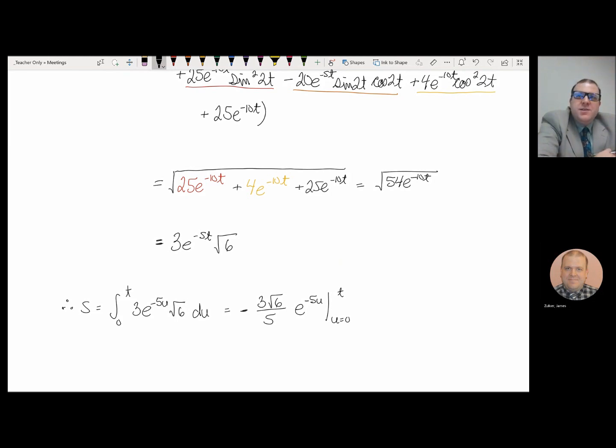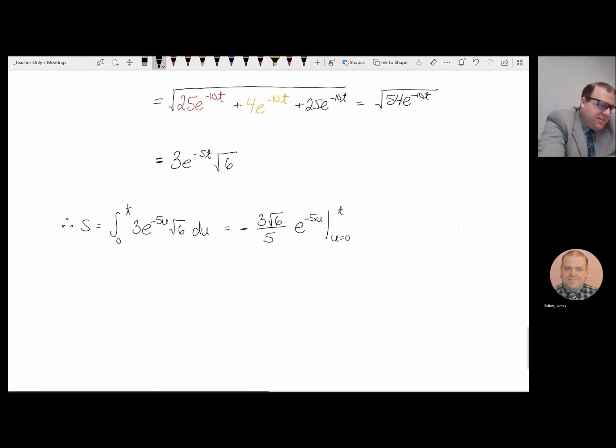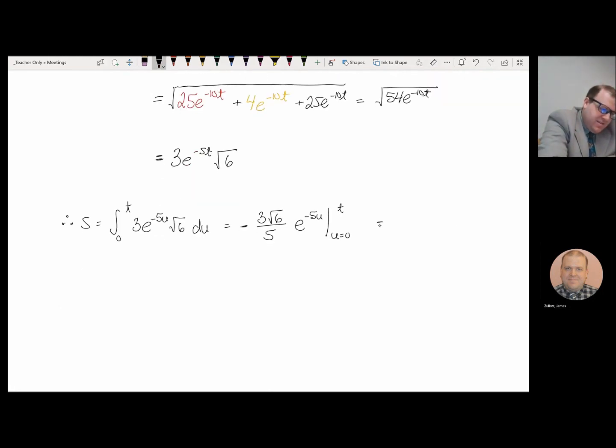Right, which becomes a very simple integral to evaluate. And so there's the arc length function.